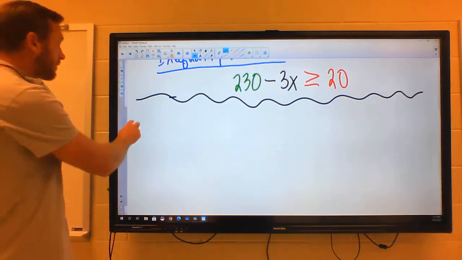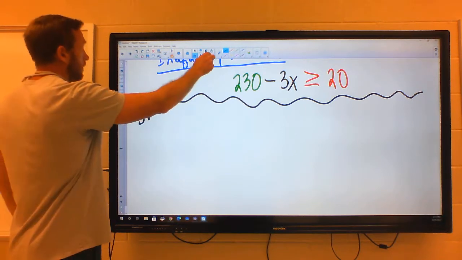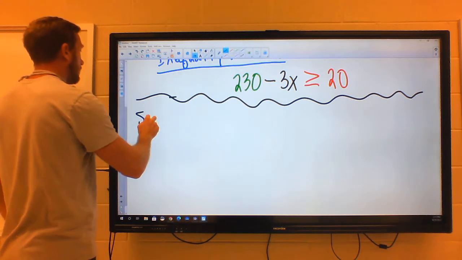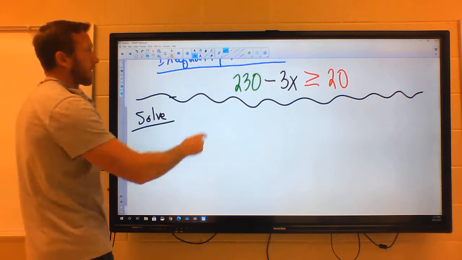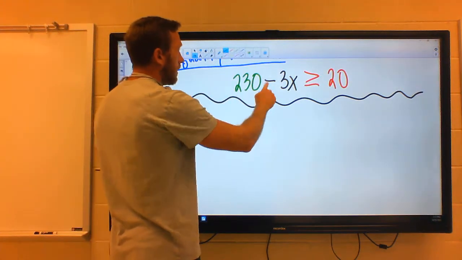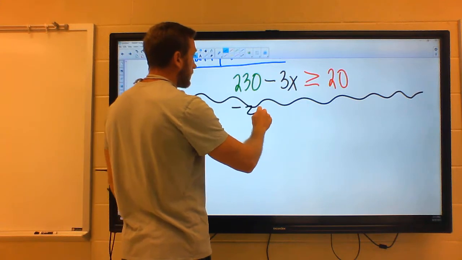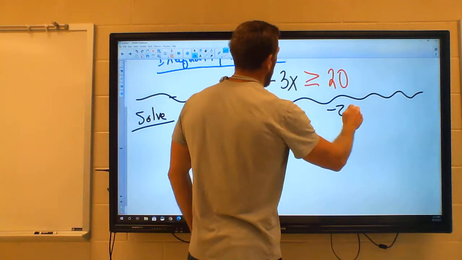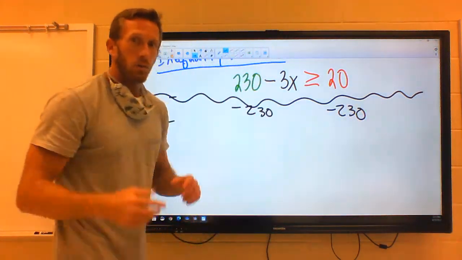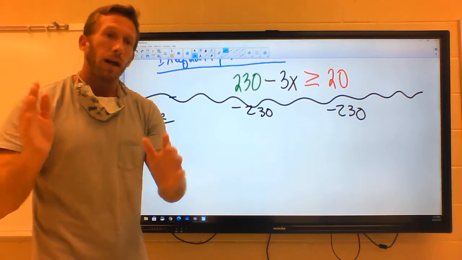Now let's go through and solve this. Okay, so we've got 230 minus 3x. You know what? Let's subtract 230 from each side. I know that's going to get ugly because we're working with negatives, but it's going to work out.